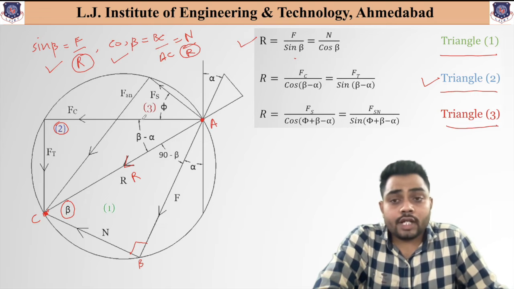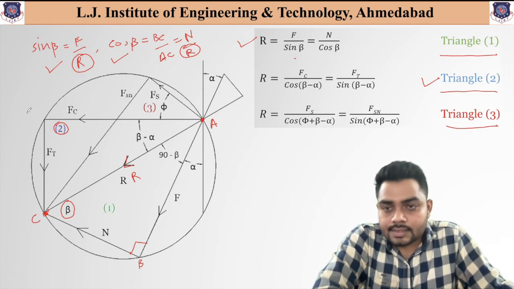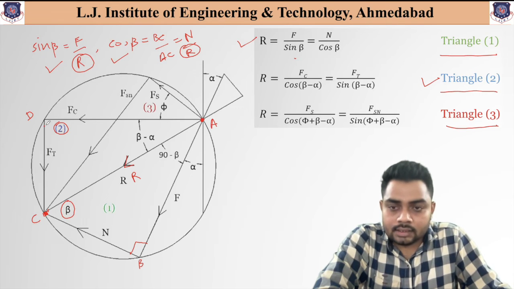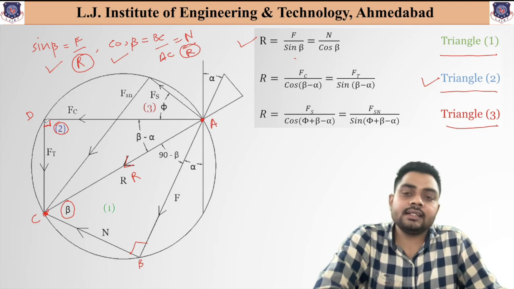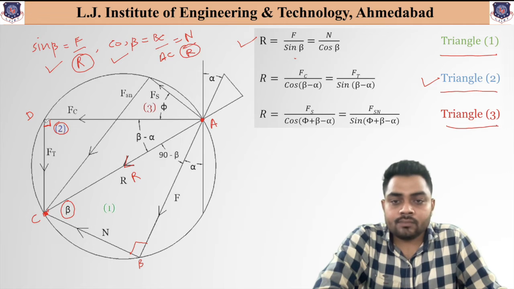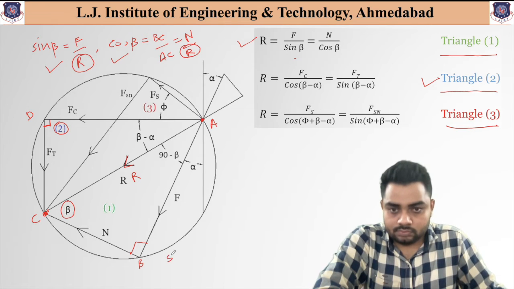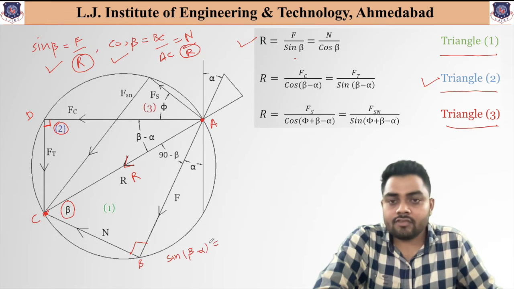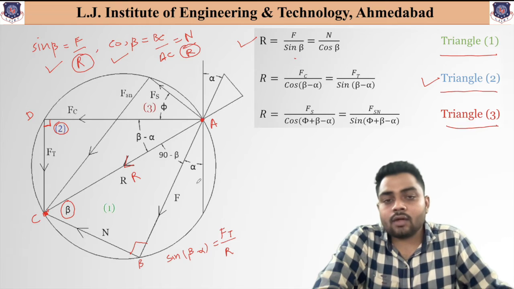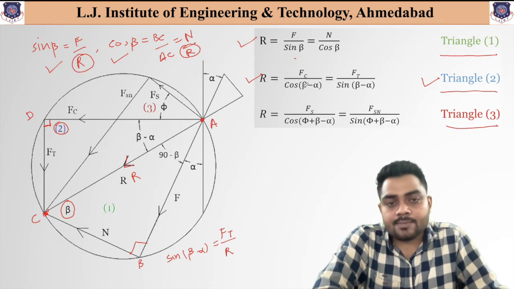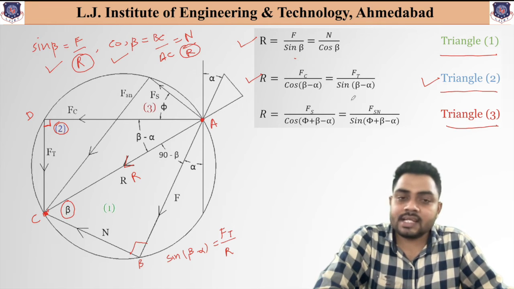Let us indicate this point as D. For the triangle ADC, the right angle is at the point D. Similarly, if we write the equation for the angle beta minus alpha, sine of beta minus alpha will give us DC divided by AD, that is FT divided by R. And similarly, for cos of beta minus alpha, we get FC divided by R. So with the common term R over here, we get the second equation: R is equal to FC divided by cos of beta minus alpha, and FT divided by sine of beta minus alpha.